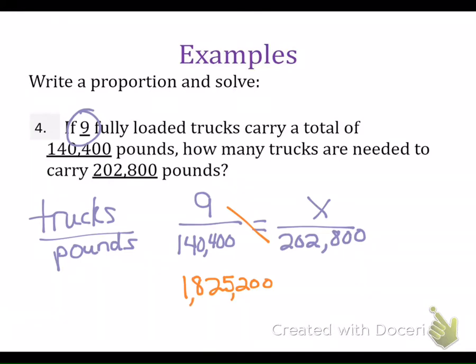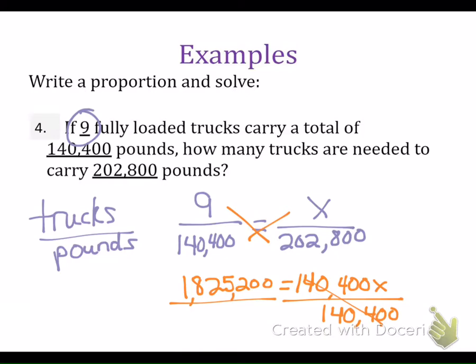So 1,825,200 is equal to 140,400 x. Divide both sides. So x equals 13 trucks.